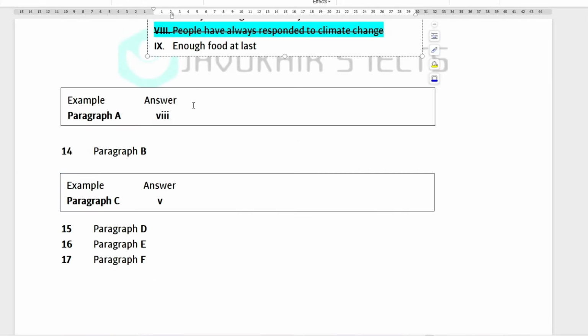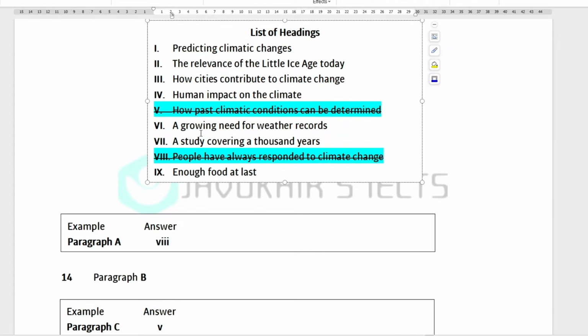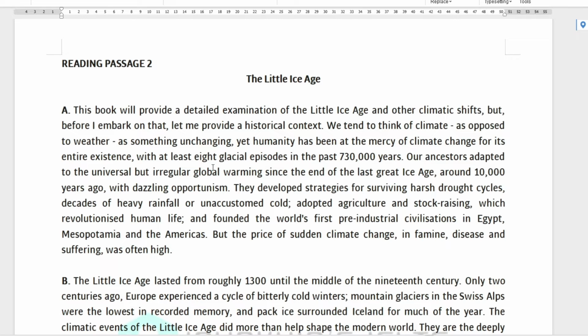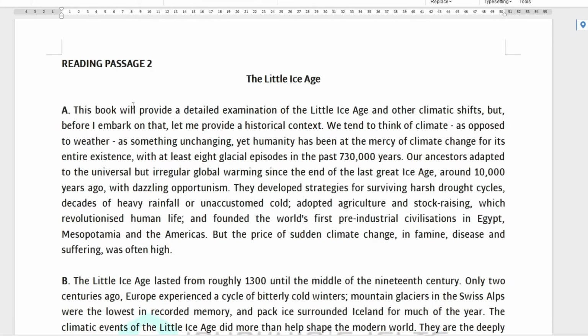So let's see, is there anything? Paragraph A: people have always responded to climate change. So we have to understand that people have always responded to climate change.